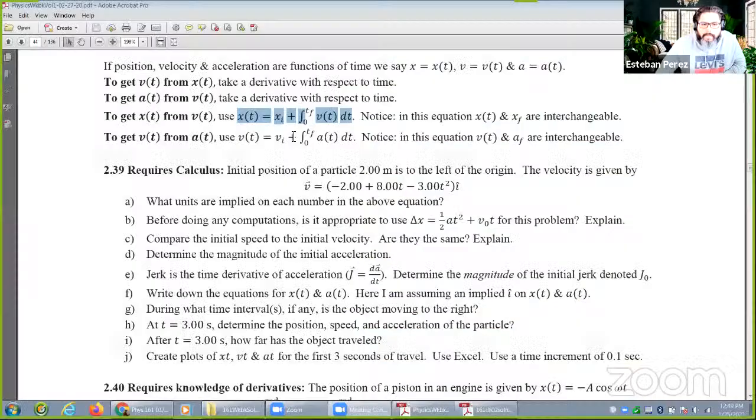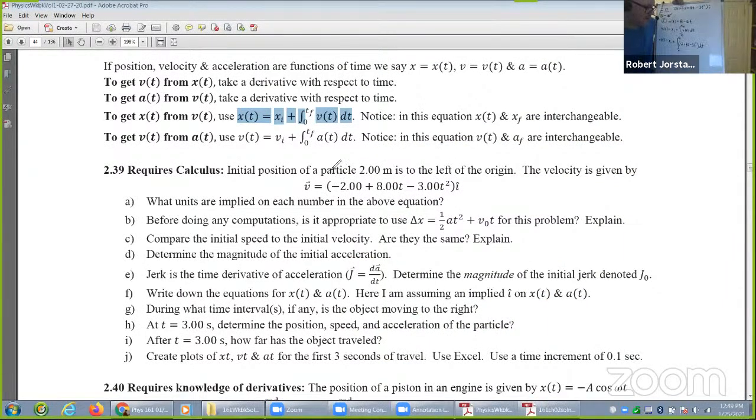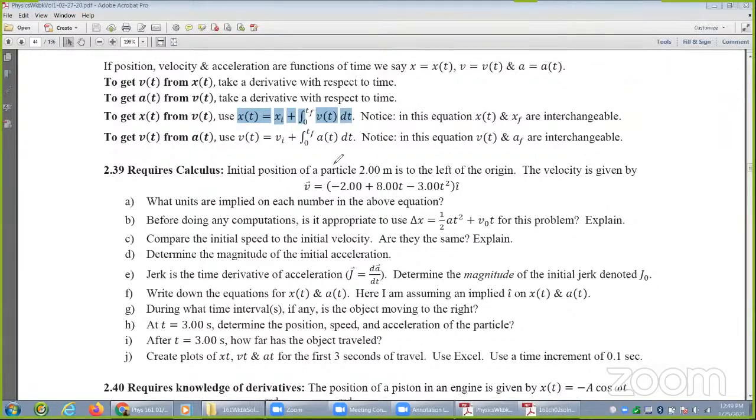Nope. Or it, okay. -2. What is it? It's not -2. 0. No. 2 meters. Read the problem.